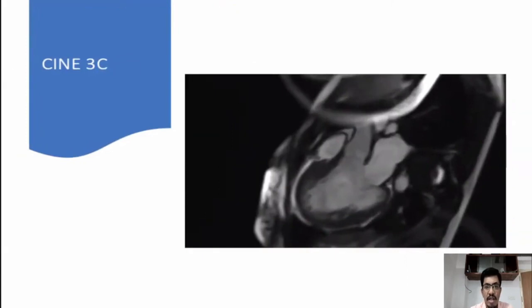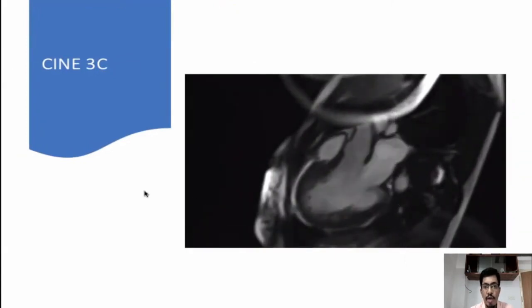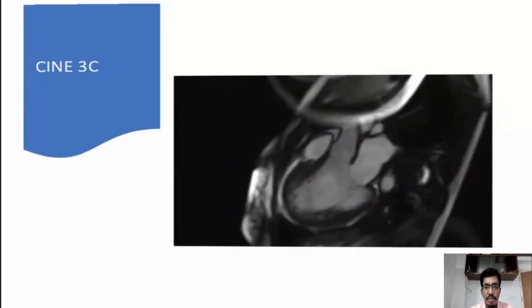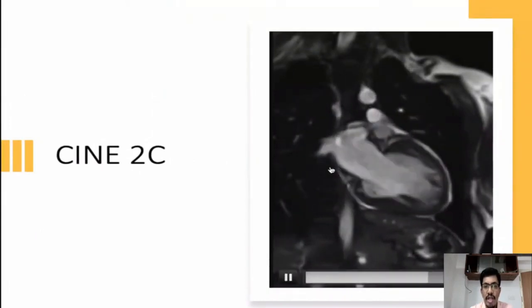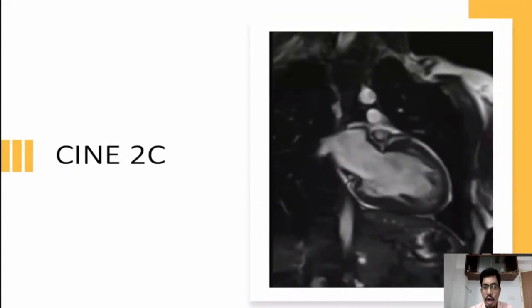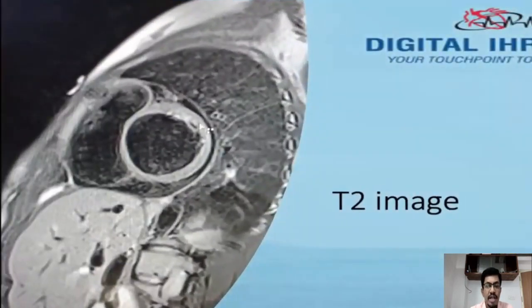This is again a 3-chamber view, again showing you the same thing. And you can also see this patient has a mild to moderate mitral regurgitation as well. And this is the two-chamber view, again showing you a fairly well-preserved ventricle with a dilated atria and normally functioning ventricle. So we went ahead and did the MR.